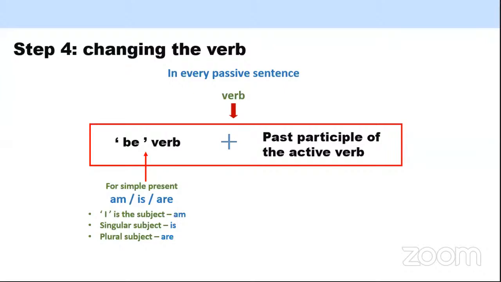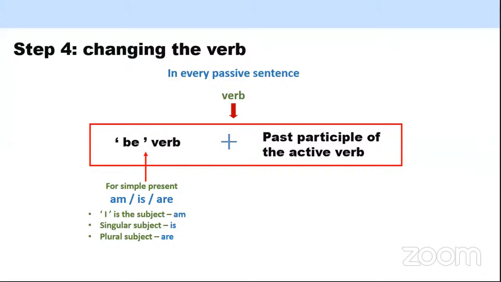Then you may think, why these am, is, are? Three words are there. Then I'm going to explain it to you. If I is the subject of the passive sentence, you have to use am.